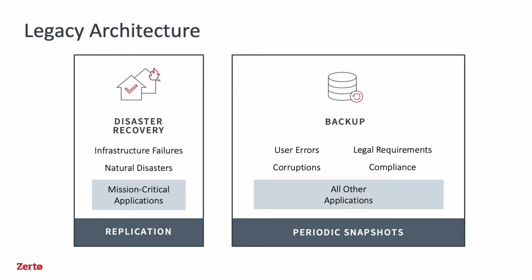This includes what you would conceive as user error, corruption, and also compliance. These are not your most critical applications, but they're still very important. But you're not using replication for this, you're using periodic snapshots, and those come with very specific challenges. But we've looked at a different approach, a more modern approach that meets today's availability standards. Let's take a look.